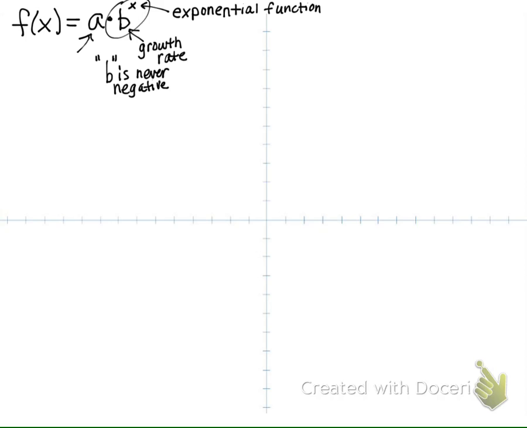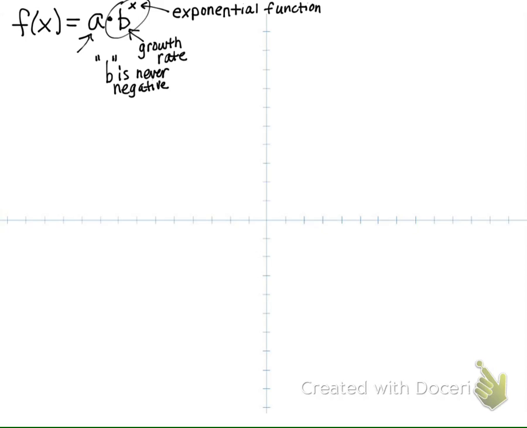It will make more sense tomorrow when we start applying it to word problems, and we really explore what that growth rate is. And when it comes to context and doing word problems, it will make total sense why the b value can never ever be negative. So just hold on to that thought for today while we graph, and then tomorrow when we apply it to some actual problems, we'll be like, oh, that makes total sense why b can never be negative.